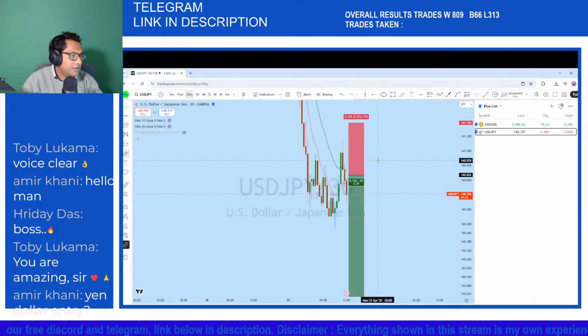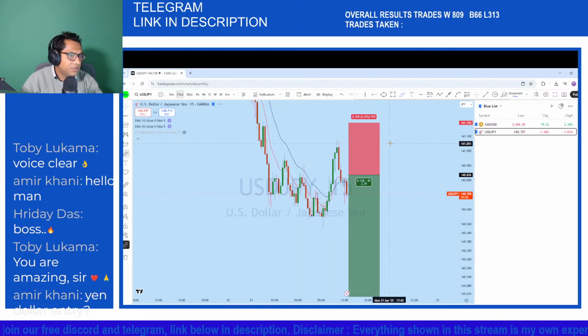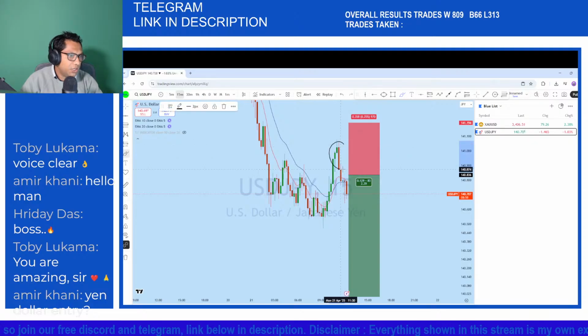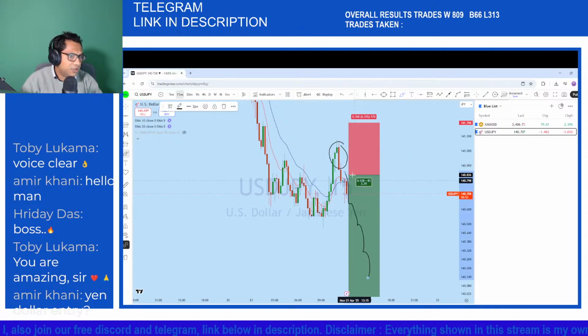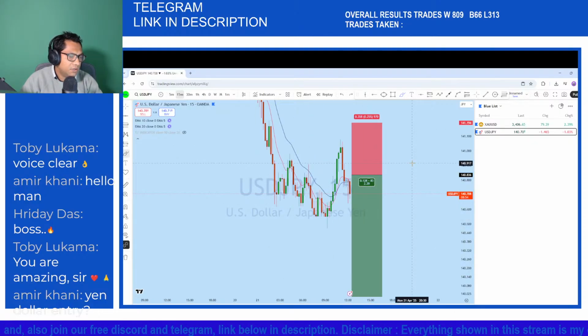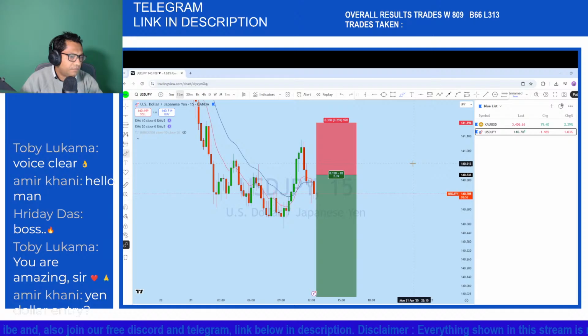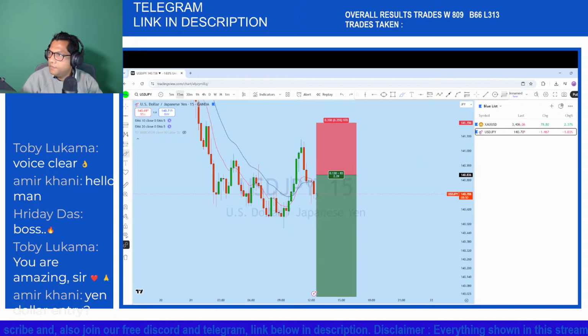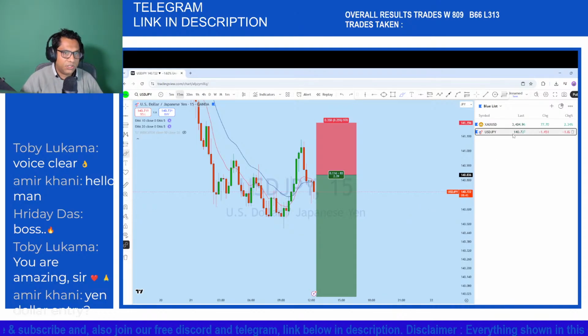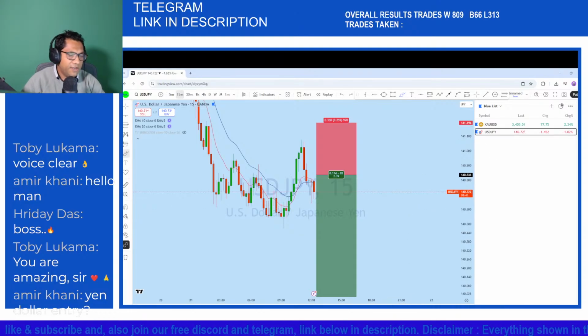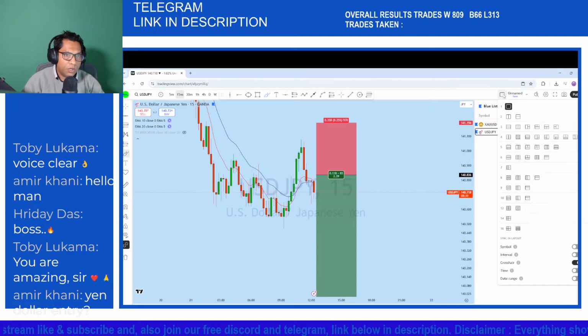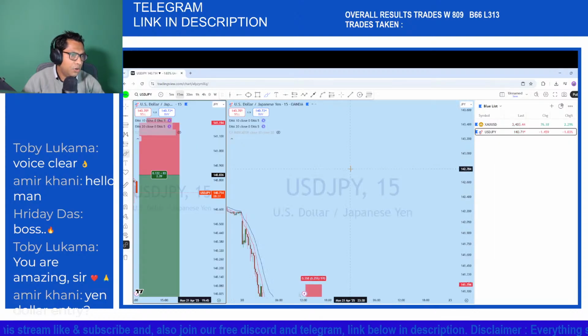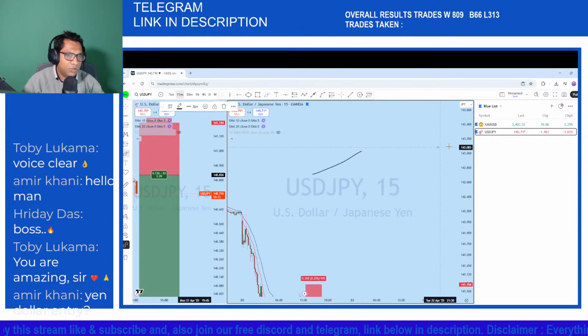Looking at the 30 minutes and 15 minutes, we can see the market with a liquidity grab here, it's trending in that direction. So dollar yen as well as XAUSD, currently both of them are trending, and as soon as we find any of them giving us a possible trading opportunity, we will be entering into the trade.